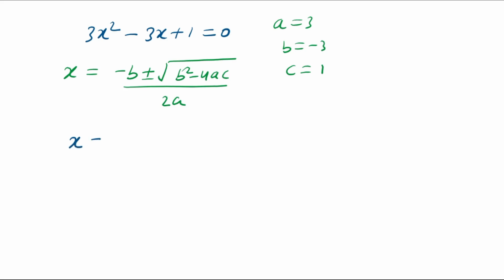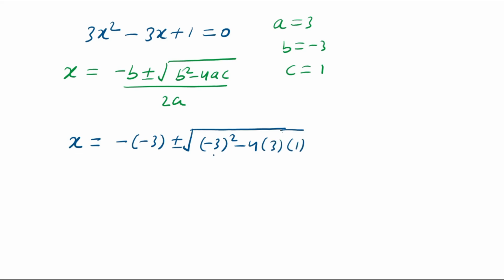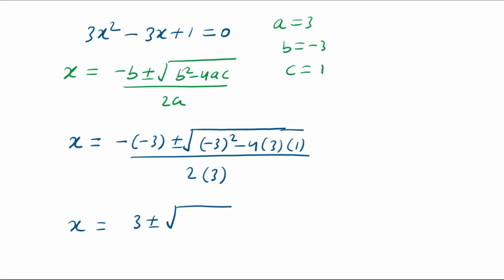Then x is equal to minus the value of b, which is minus 3, plus minus square root of (minus 3) square minus 4 times value of a, 3, and value of c, 1, and divide by 2 times value of a, 3. Then x is equal to minus multiplied by this minus 3, you will get plus 3, plus minus square root of (minus 3) square is 9 minus 4 times 3 is 12, over 6.